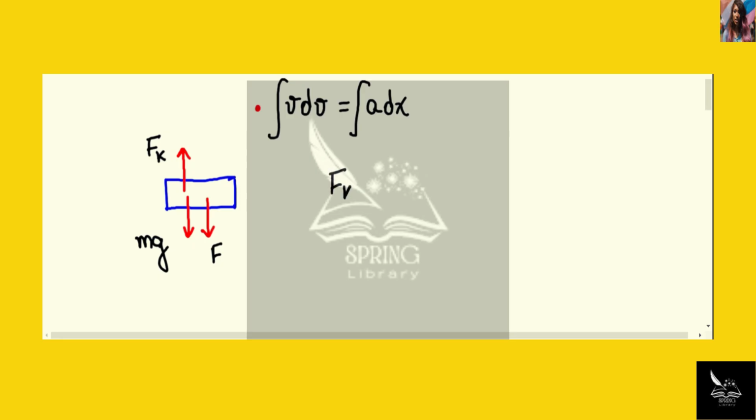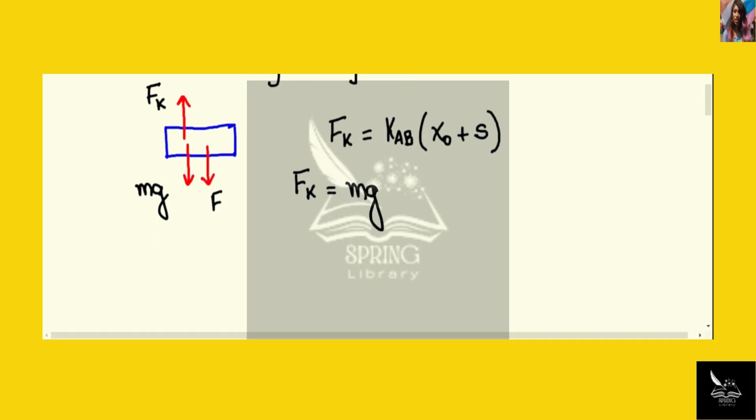Now the magnitude of Fk is Kab times the equilibrium position, which I'm going to call x0, plus the displacement x. The equilibrium position is the position when Fk is equal to mg.